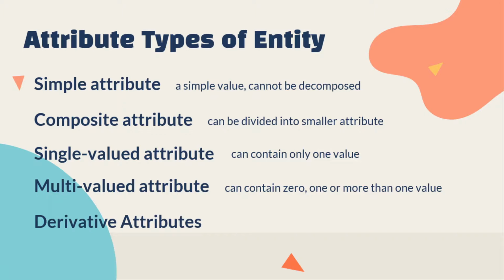The last type of attribute is derivative attribute. This attribute can be derived from the other attributes. For example, in age attribute, its value can be derived from birth date by finding the difference between birth date and current date. This is the example of entity.